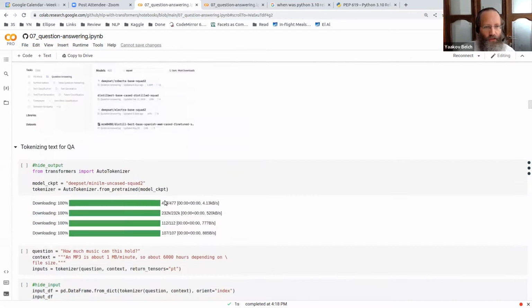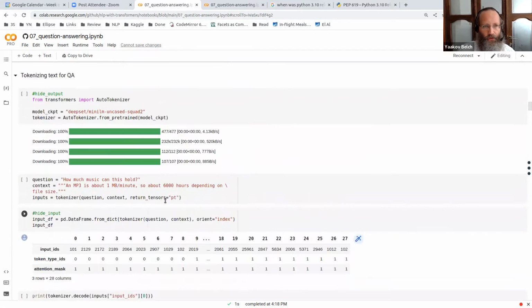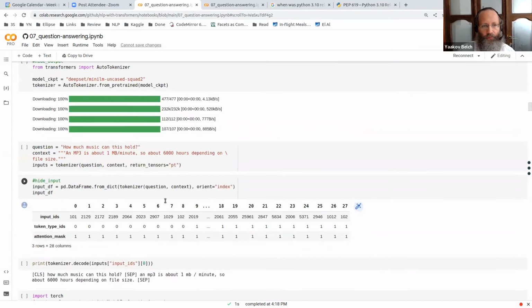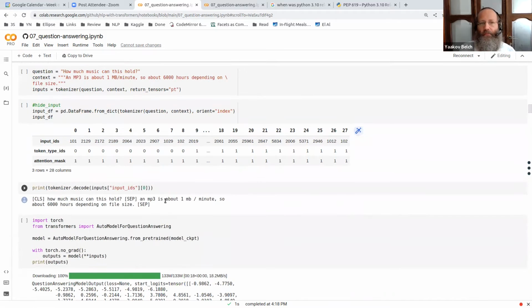We basically train the model as a span recognition model. It's using the same structure we already used when we had entity recognition.